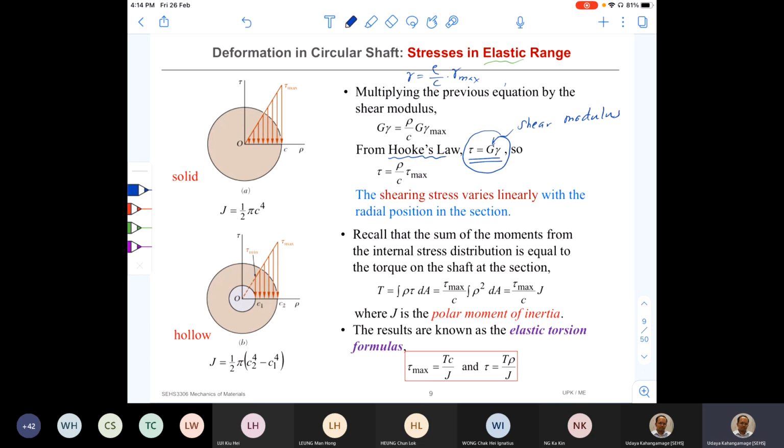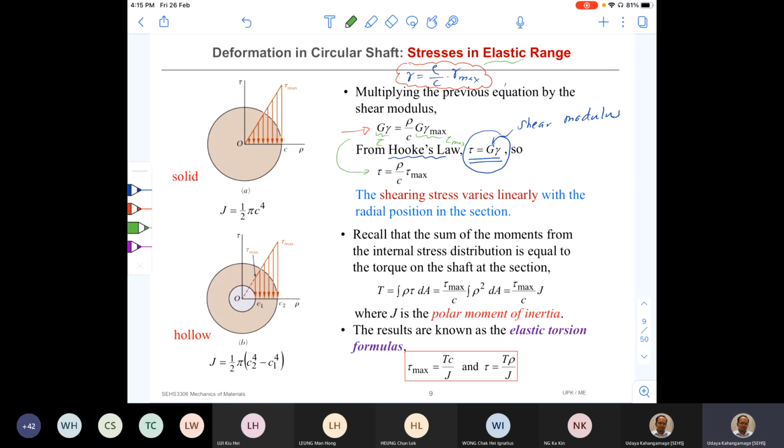So now what I'm going to do, I'm going to take this initial equation that we derived in the previous slide and multiply it by G on both sides, and then get this equation. G gamma is equal to rho over c times G times gamma max. And here G gamma is tau. Okay, G times gamma max is tau max. Okay, so then you get this equation. So what happened now?